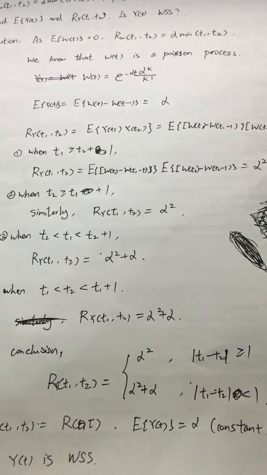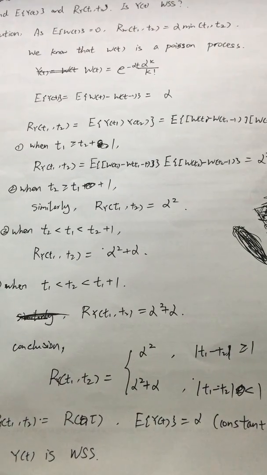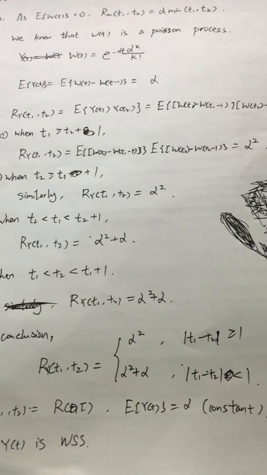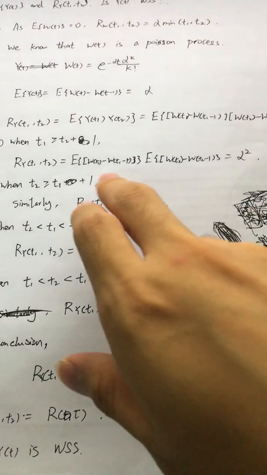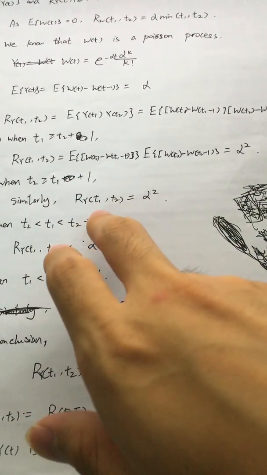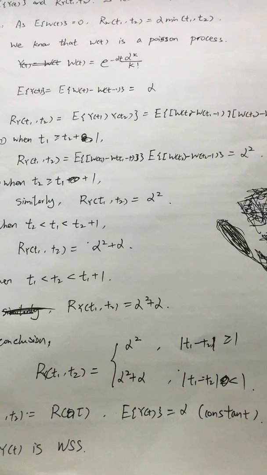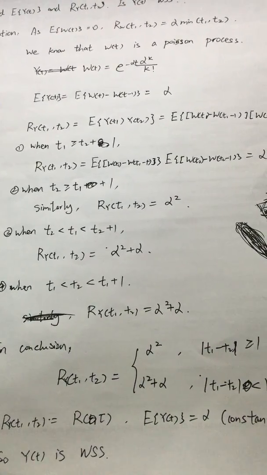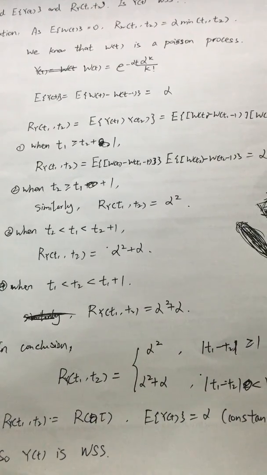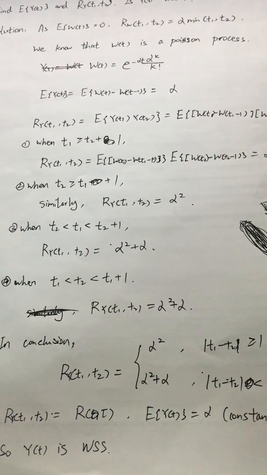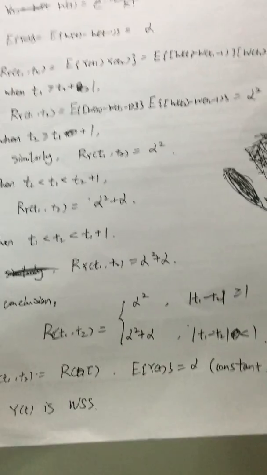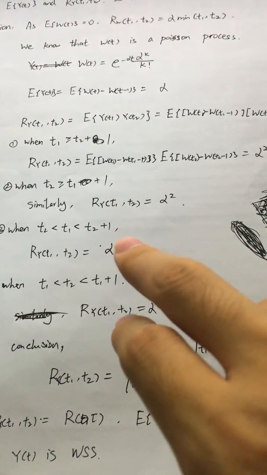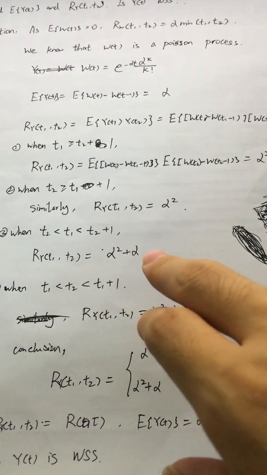And the second condition is when t2 is bigger than or equal to t1 plus 1. Similarly, we can say that R_Y(t1, t2) is equal to alpha squared. And third condition, when t2 is less than t1 less than t2 plus 1, R_Y(t1, t2) is equal to alpha squared plus alpha.